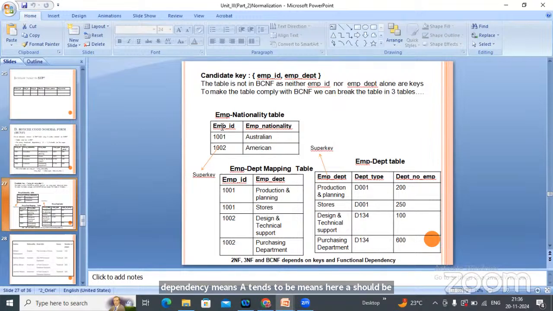Here EMP ID, EMP nationality: EMP ID should be a super key. In each and every table, if a functional dependency is there, X should be a super key. That is our concept here.